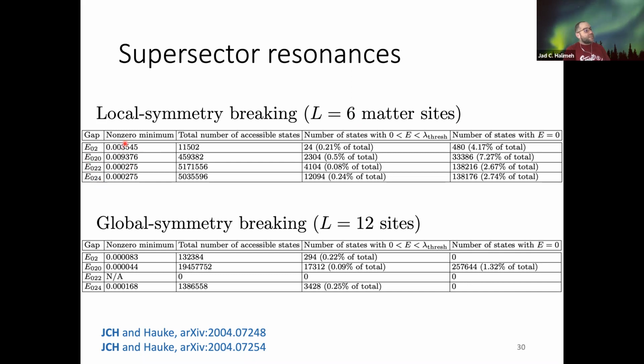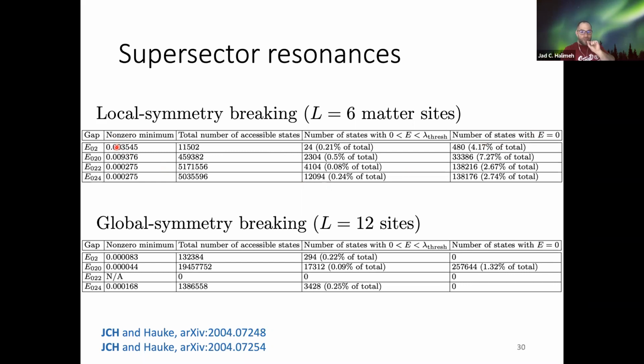What you see is that the non-zero minima here in E02, so remember we have 2 crucial ingredients. Either we have an exact resonance, so the number of states with E equals 0, or we want these energies to be larger than a certain threshold so that the oscillating term washes away quickly, so that it doesn't destroy these pre-thermal plateaus.